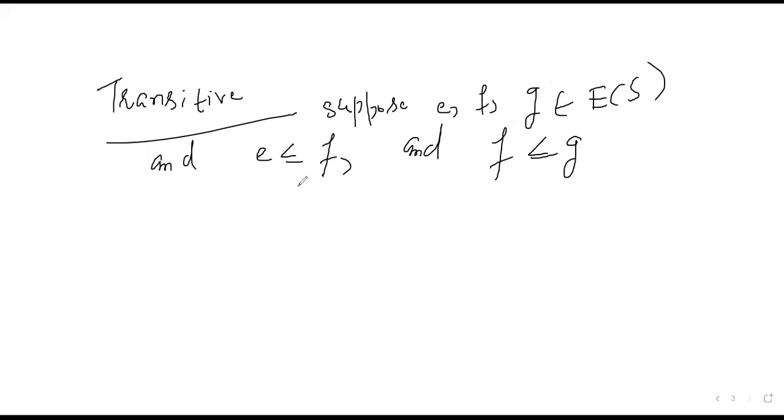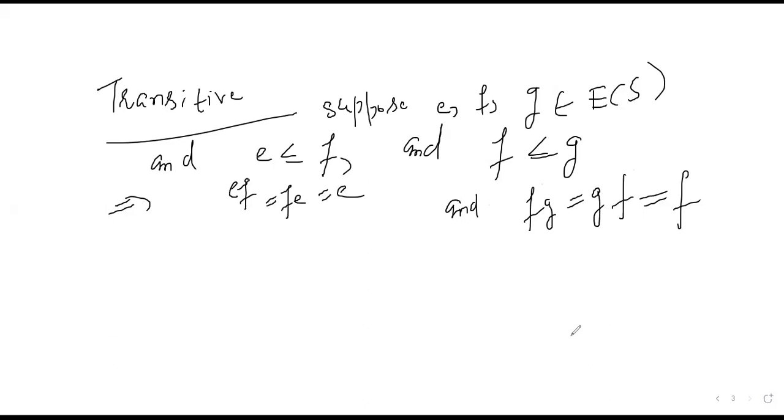We must show that e is less than or equal to g. So e less than or equal to f implies ef equals fe equals e, and fg equals gf equals f.